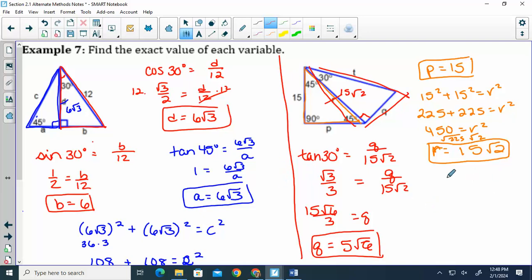And then the last one, you could do Pythagorean theorem. I'm going to do a trig function. So if I wanted, let's say I wanted to use my 15 radical 2, my adjacent, and I'm looking for t, which is my hypotenuse. What trig function? What is the cosine of 30 degrees?